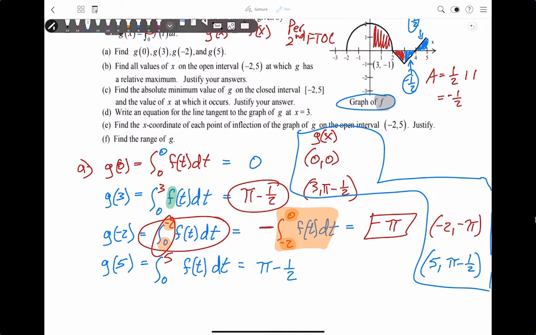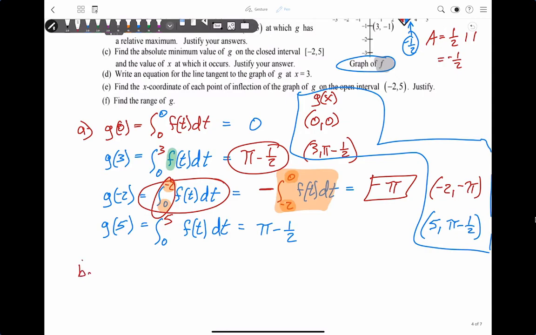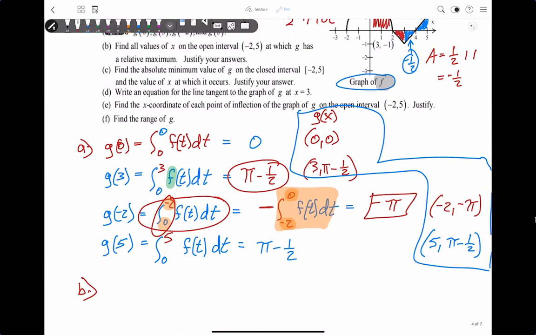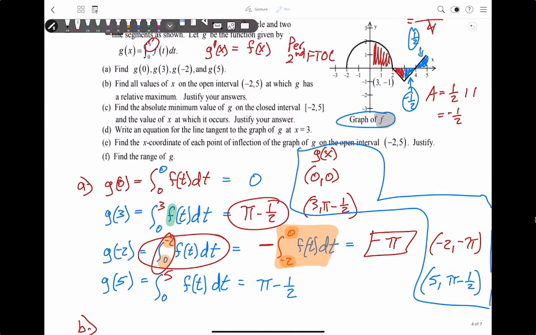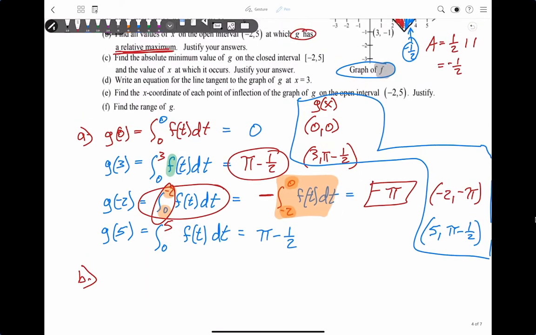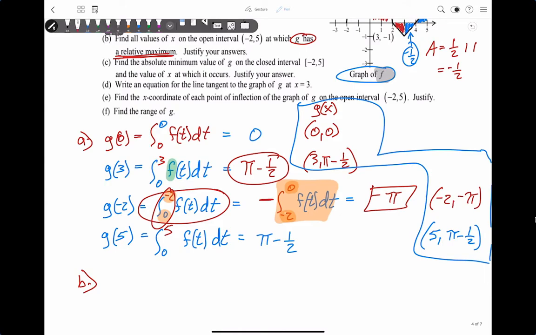Let's go now and pick up the pace just a little bit to go to part B. It says, find all the x values on the open interval from -2 all the way to 5, at which g has a relative maximum. Okay, g has a relative maximum. Now, underlining that alone, g has a relative maximum tells me that g prime of x is going to change from positive to negative.